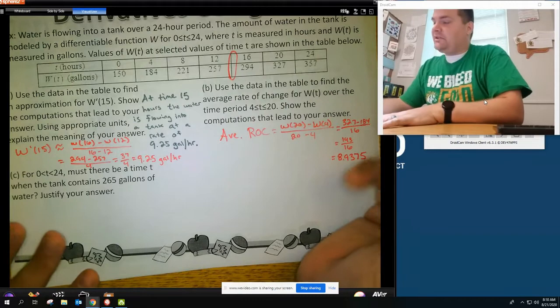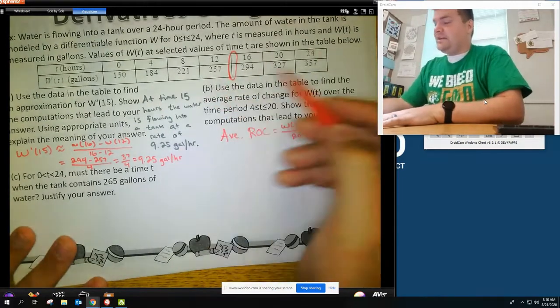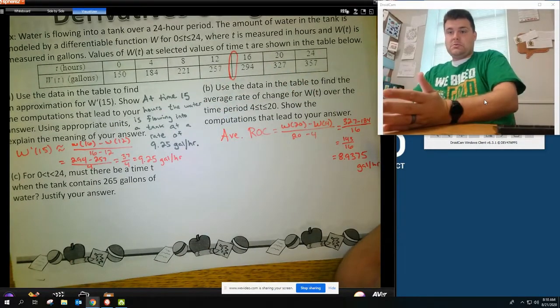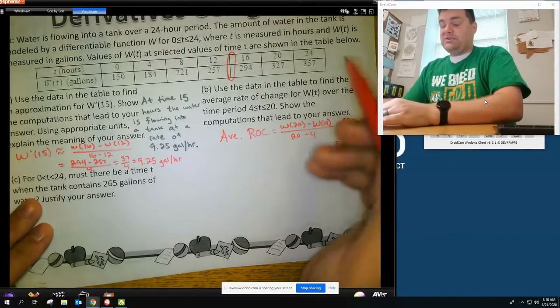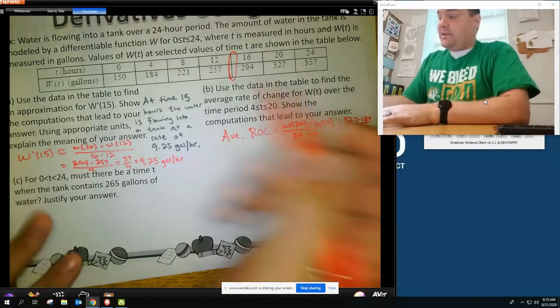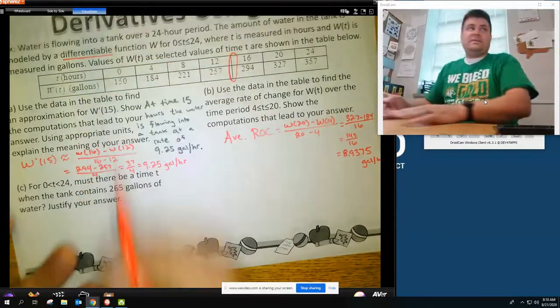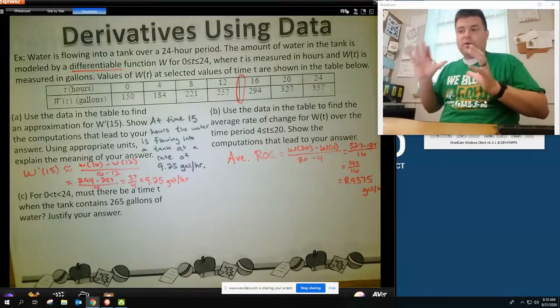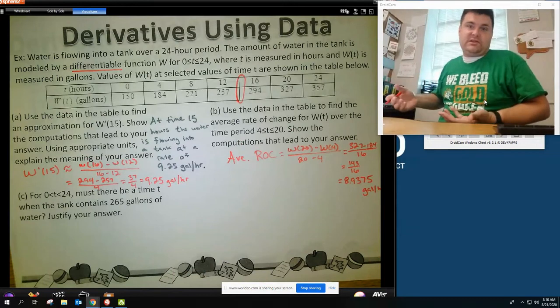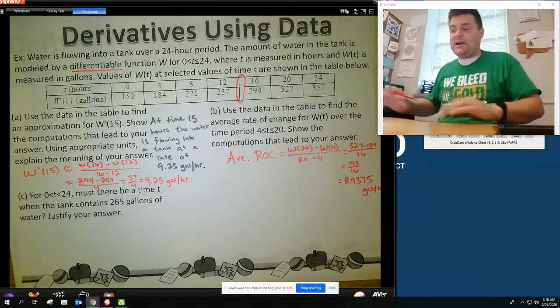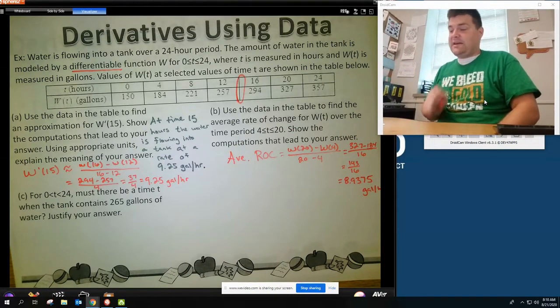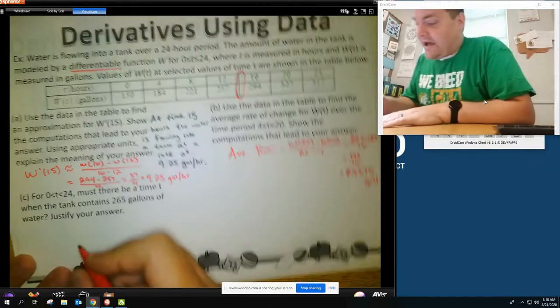Now, we don't necessarily know if this is always increasing. It did not say so. But I do know this is continuous because it says it's differentiable. Differentiable is like the hidden word for it's also continuous. So if you say something's differentiable, it covers continuity as well. So because of that, I'm capable of using IVT.